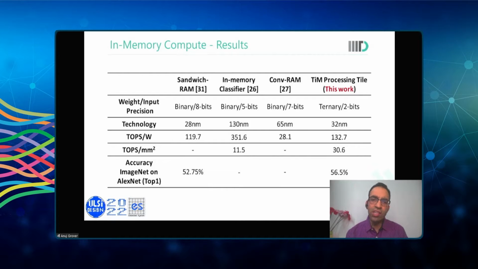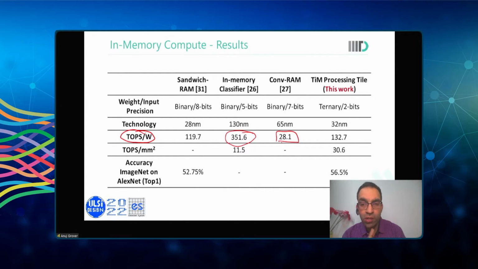Early on, initially, something about 4 or 5 years back, people were only looking at TOPS per watt as a figure of merit. And you would see that TOPS per watt range from 28 to 351.